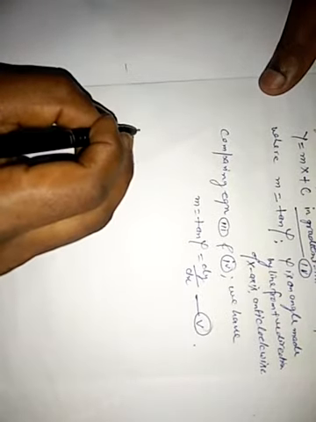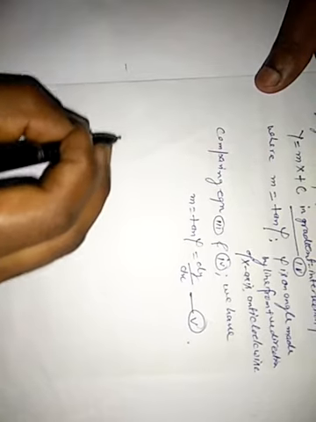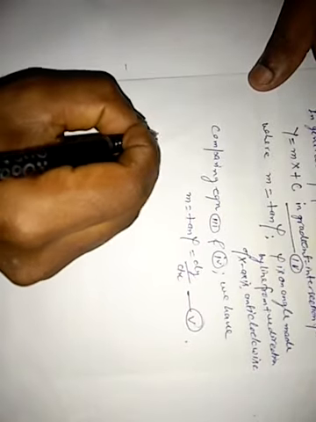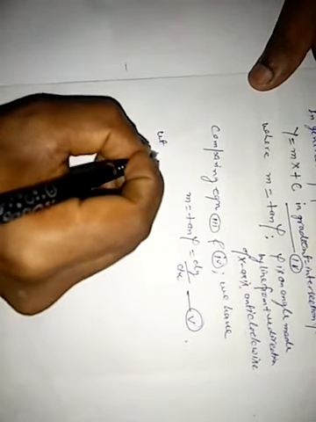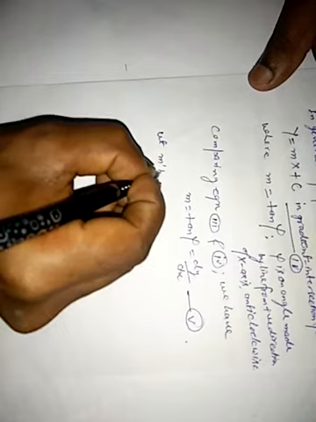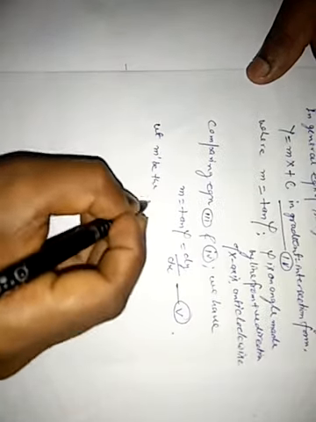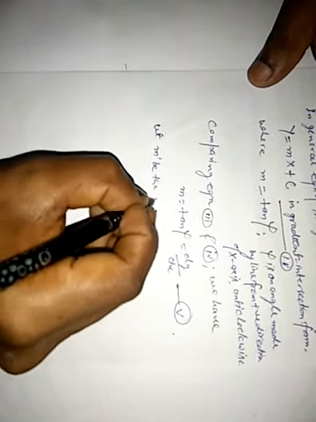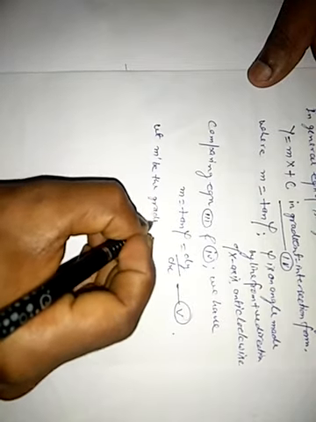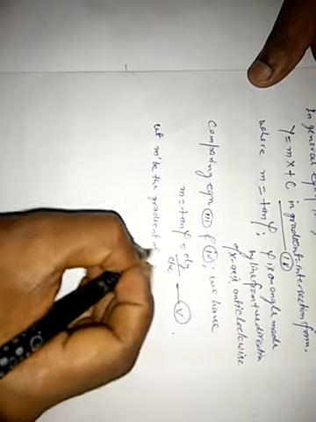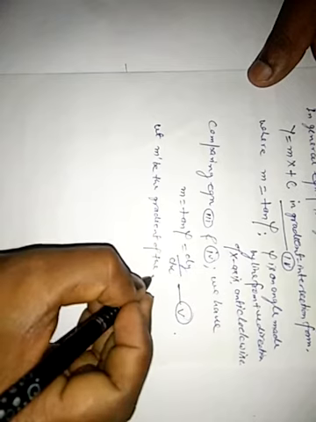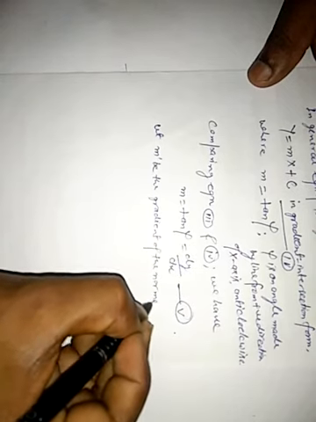Now, if we want to find the normal, then let m dash be the gradient of the normal.